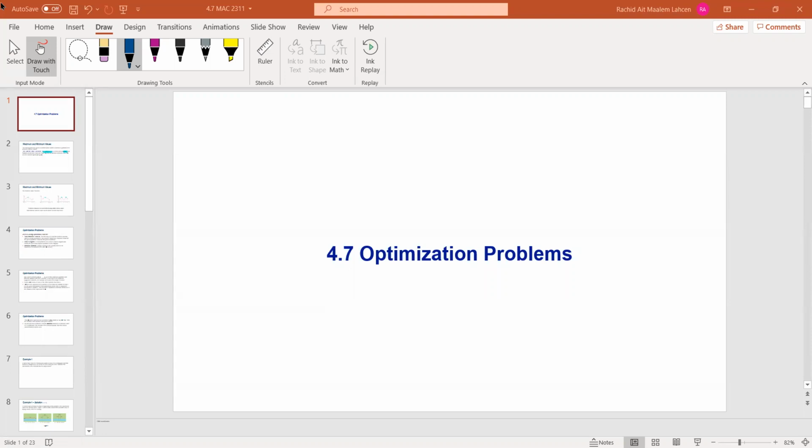We need to address a strategy and understand that we're looking, for example, for an absolute maximum or an absolute minimum in this type of problem.